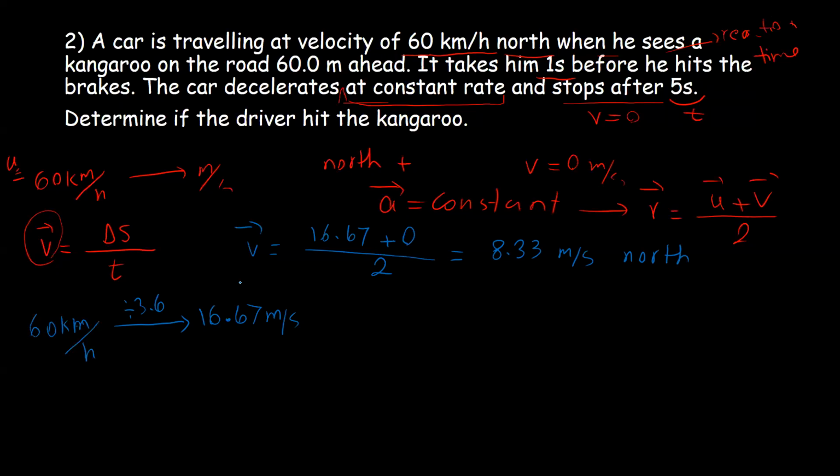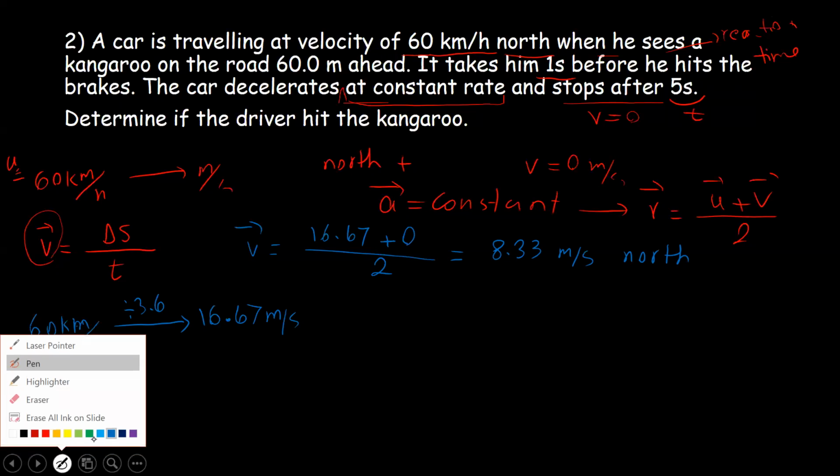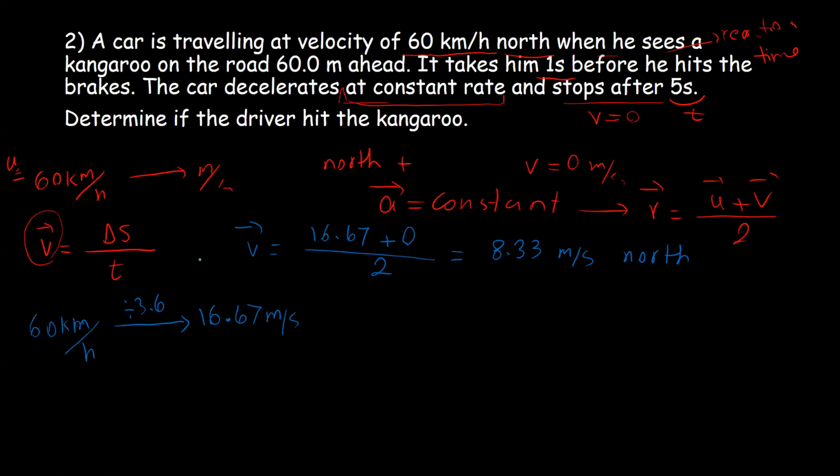I have my average velocity and I have my time, so I can find delta S. I write v equals delta S divided by t, so 8.33 equals delta S divided by 5. So this delta S is equal to 41.67 meters, again north. But we shouldn't forget that it takes the driver 1 second before he hits the brake.